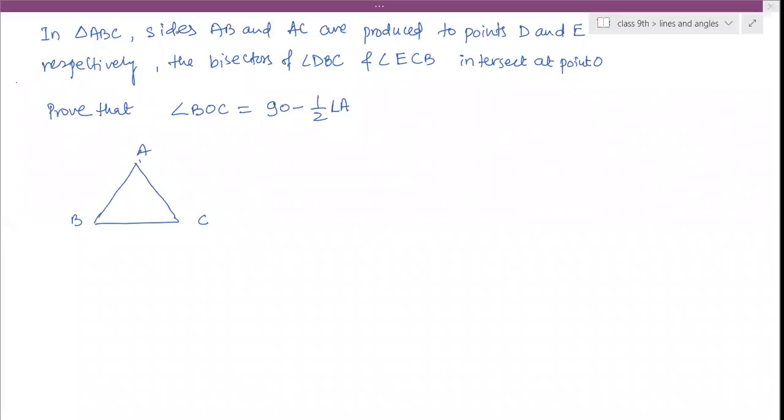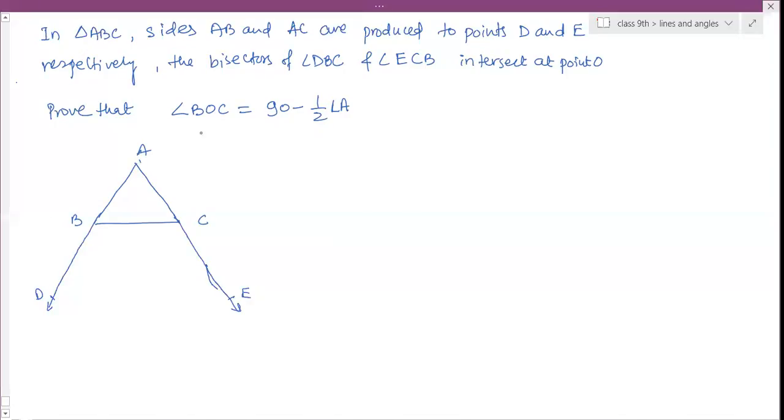AB is produced, so from A you have to start towards B and then produce it forward to point D. And AC is produced to point E.